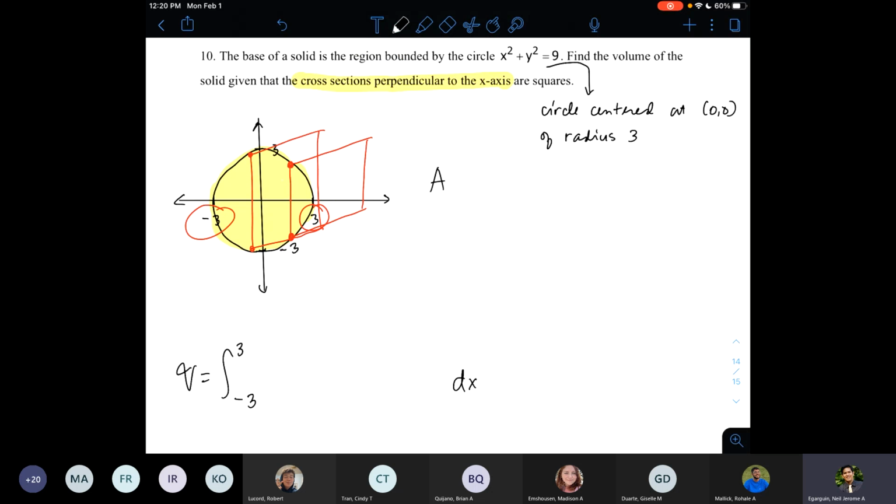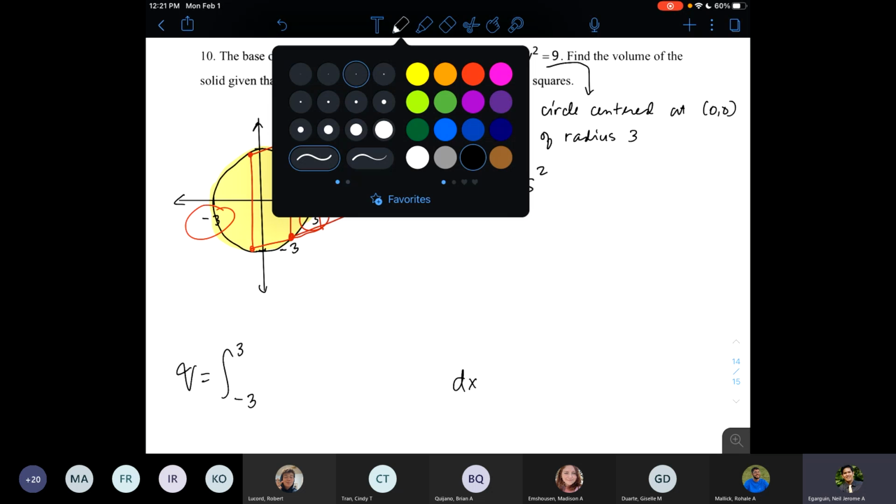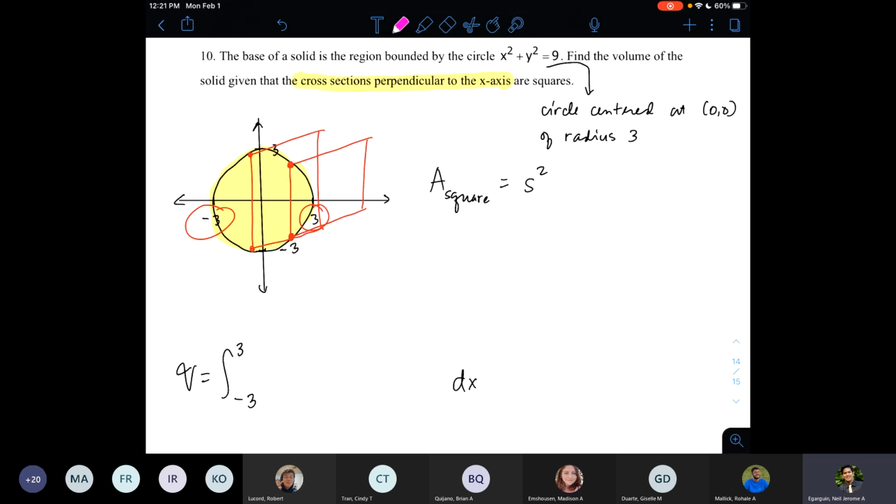But what is the area of these squares? Well, remember the area of a square is side length squared. But what is the length of a side here? Maybe I should erase the other square.